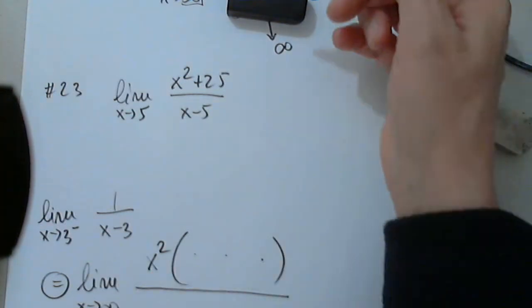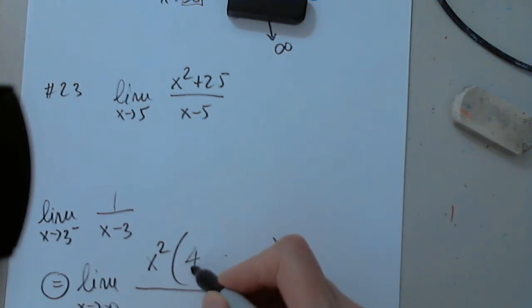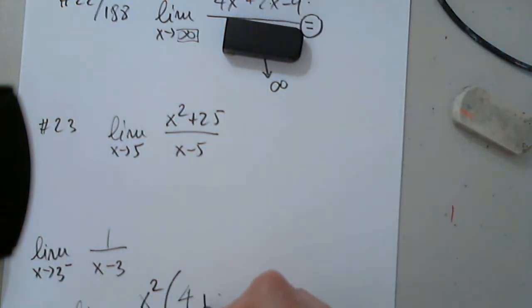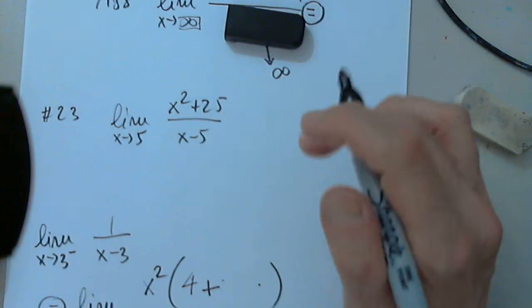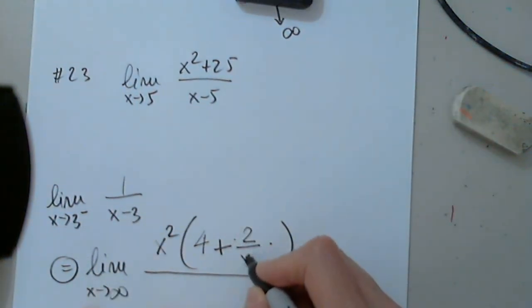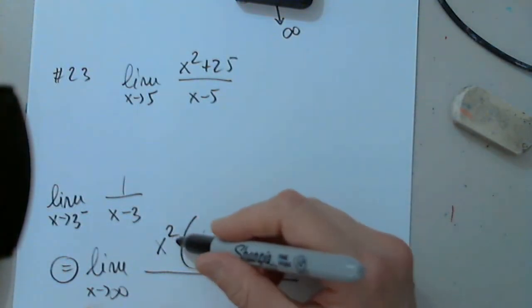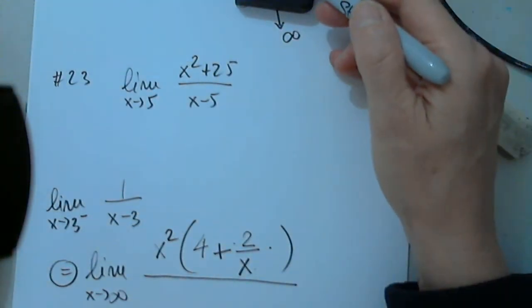X squared times what is 4x squared? 4. Very good. Plus x squared times what is 2x? 2 over x. X squared times 2 over x, you simplify an x and you get 2x.